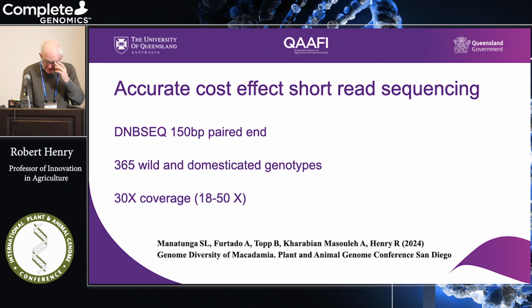So to really go to a significant level of depth with the DNB-seq method, we've focused on 365 wild and domesticated genotypes at about 30x coverage. That's generally the level that we aim for. We nearly always get at least 20x coverage, and sometimes we can get 50.